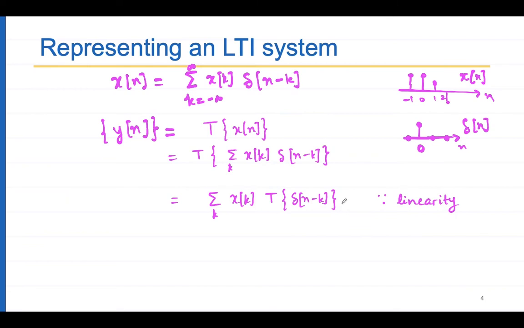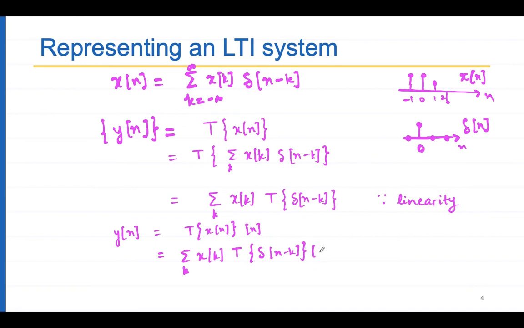Now, let us see a single output y of n. My y of n will be equal to basically this whole thing and then followed by an n. So it will be T of the nth value in the sequence. So this is the summation over k of x of k, which is the same thing, and T of delta of n minus k.